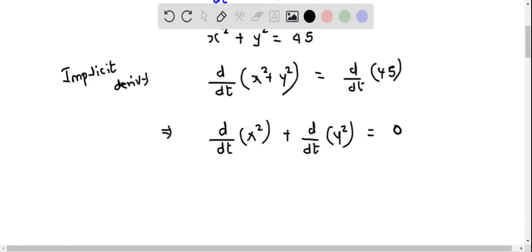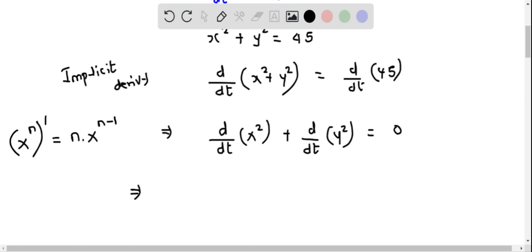Now we have to apply the power rule as well as the chain rule to find the derivative of x squared with respect to time. The power rule says that the derivative of x raised to the power of n is n times x raised to the power of n minus 1.